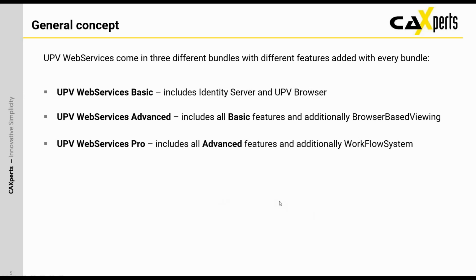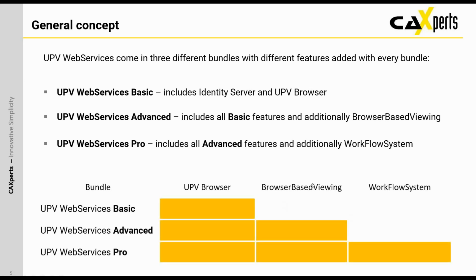And the UPV Web Services Pro includes all advanced features and additionally the workflow system for collaboration company-wide without any additional software on the client needed. So to put it in graphics, this is what it basically looks like. You see the single modules or bundles built upon each other.